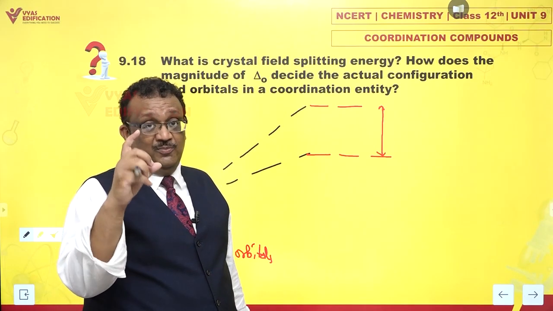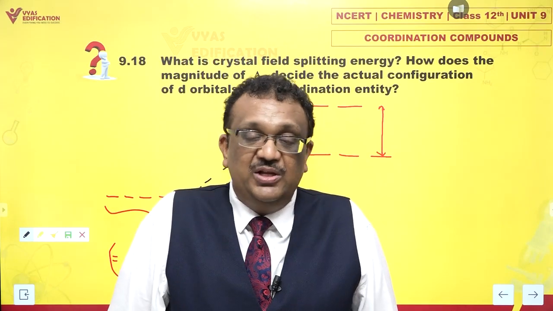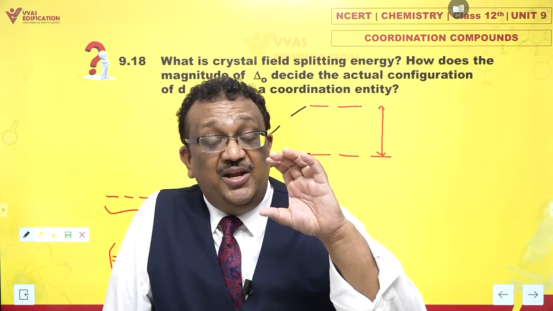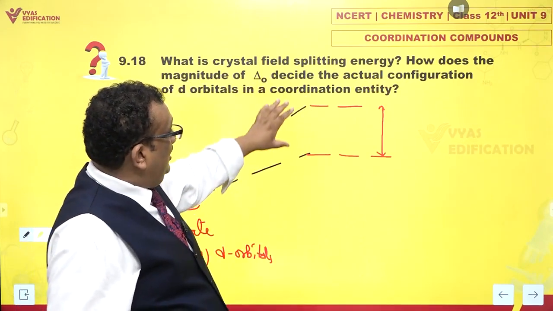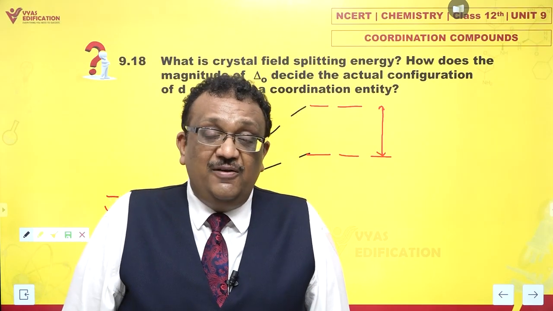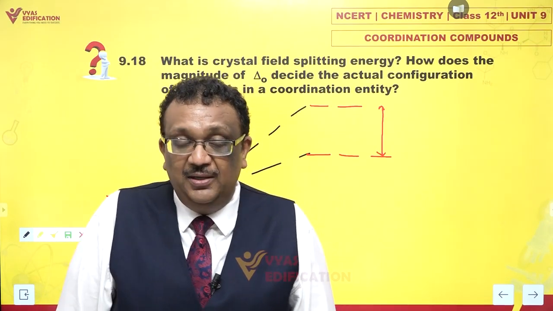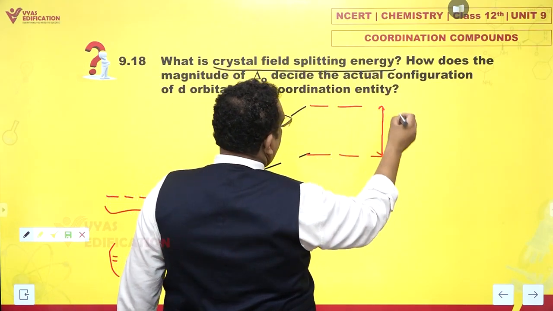This is now the written answer which I am talking about; the previous was the explanation. The energy gap between the d orbitals after crystal field splitting has happened is called crystal field splitting energy.